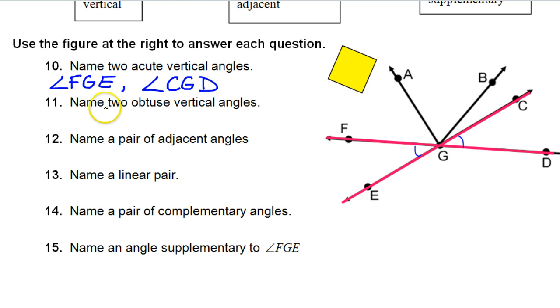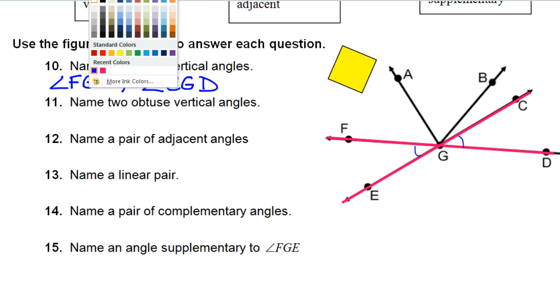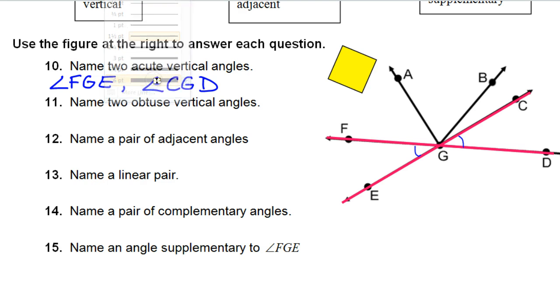Now, name two obtuse vertical angles. Okay, well, vertical angles always come in two pairs. So you kind of need to ignore these two black lines because they're going to distract you. I'm going to help you ignore those lines by sort of whiting them out a little bit.